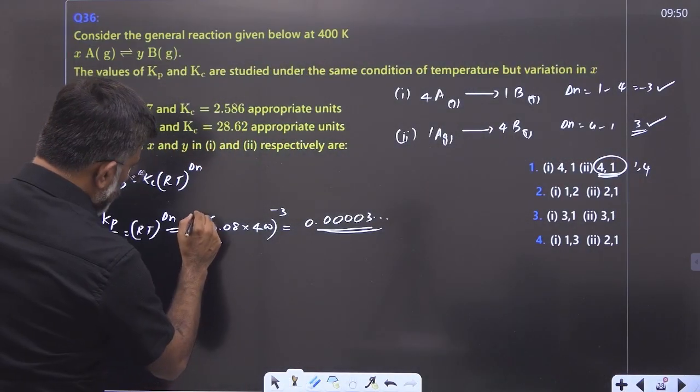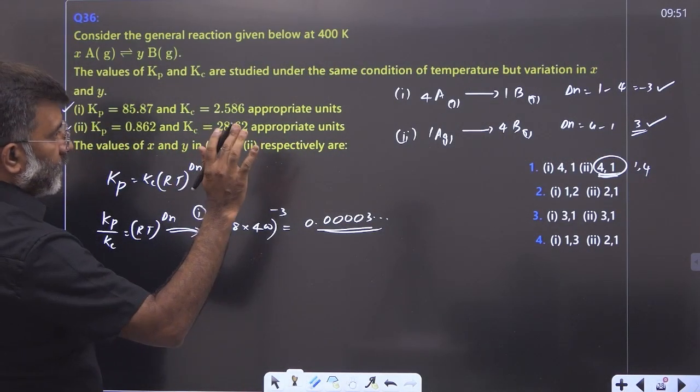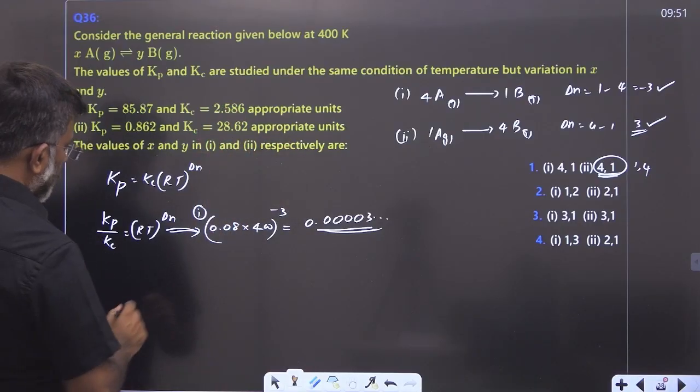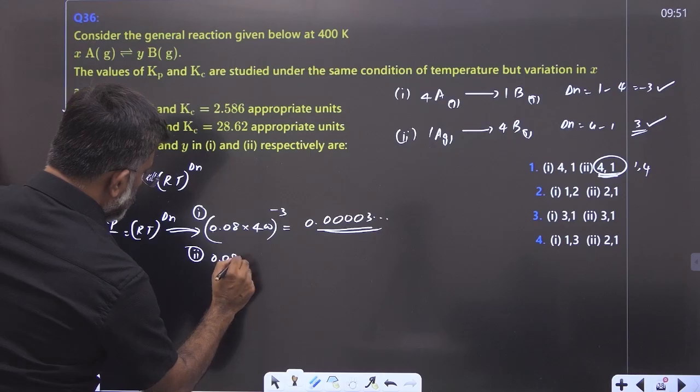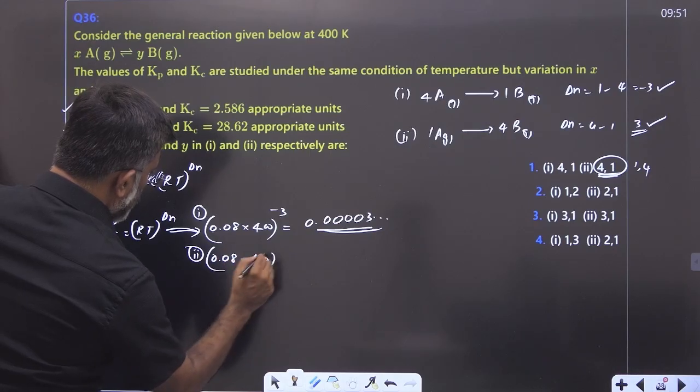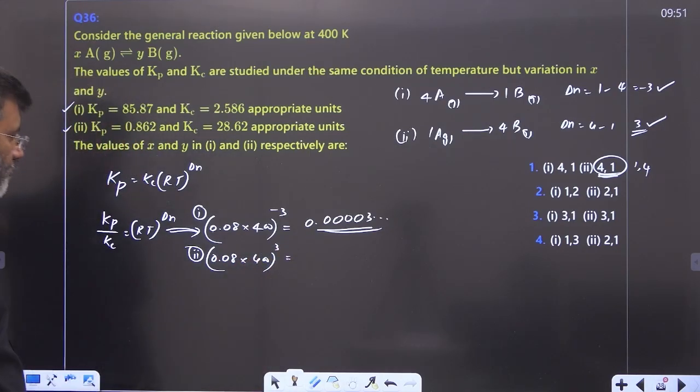Meanwhile, I am talking about the first case, first option. Now about the second case, it will be 0.08 into 400 power 3, right?